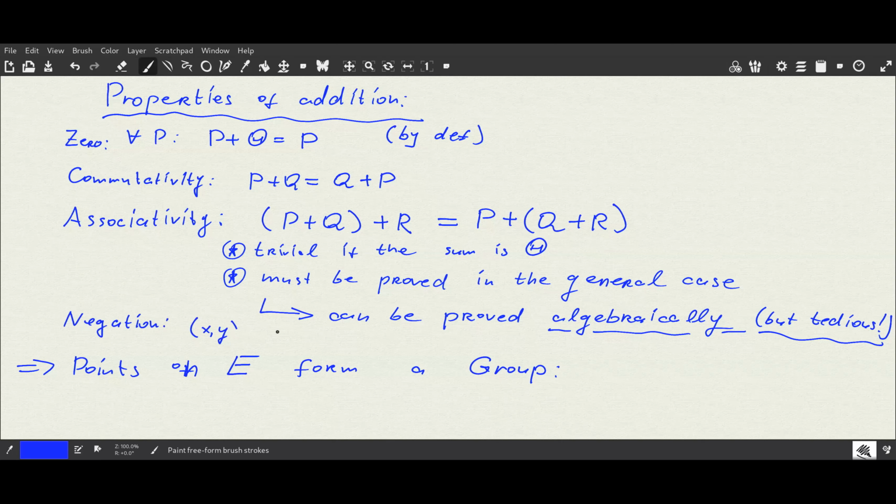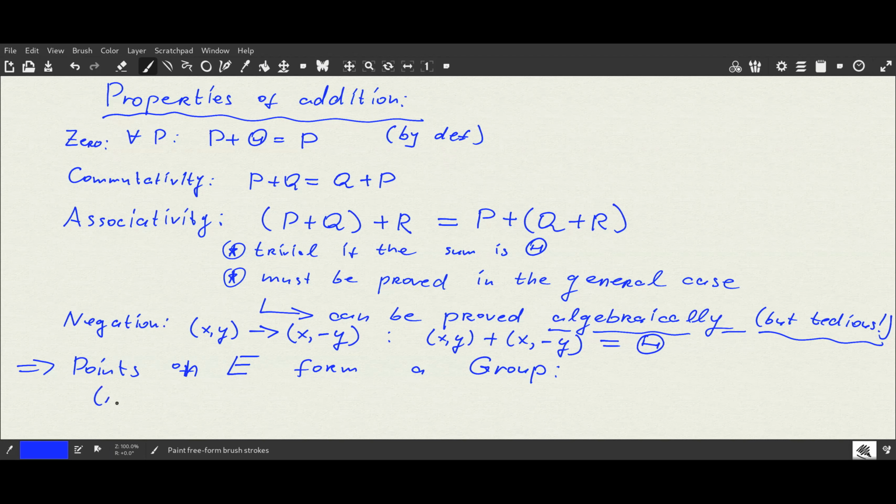Points x, y become x, minus y, so negation is only with respect to y, and then the point (x, y) plus (x, minus y) is actually theta. So yes, points on our elliptic curve E form a group.